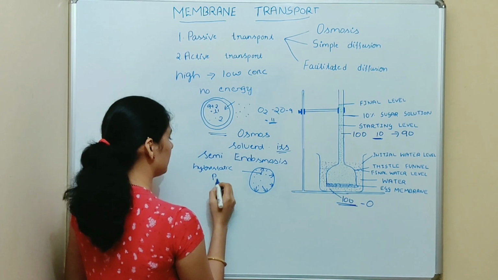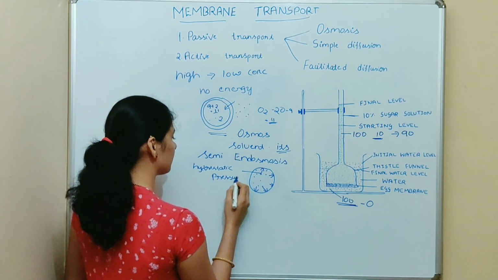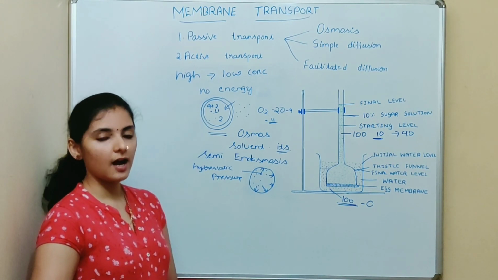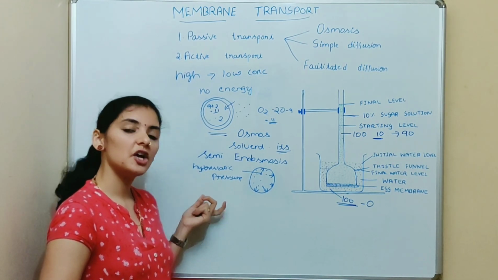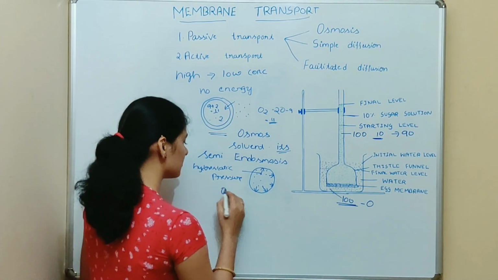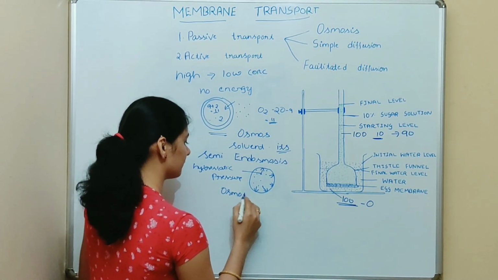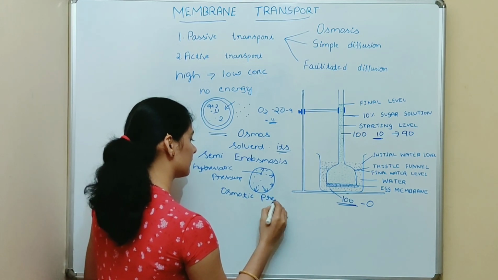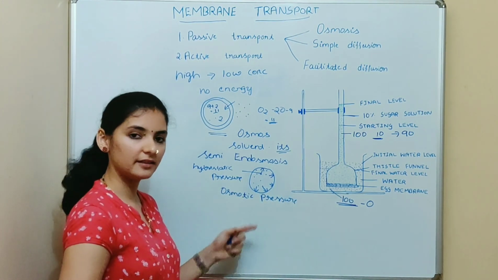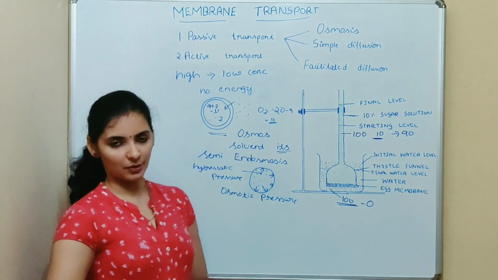Okay, hydrostatic pressure, because it is exerted by the water molecules. And the hydrostatic pressure which is caused due to osmosis is called osmotic pressure. Here hydrostatic pressure is exerted due to endosmosis, isn't it? That pressure is called osmotic pressure.